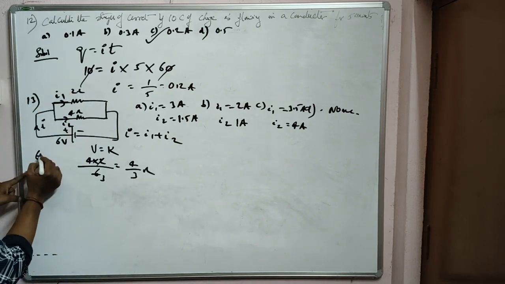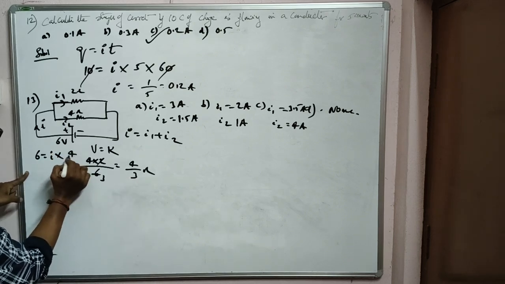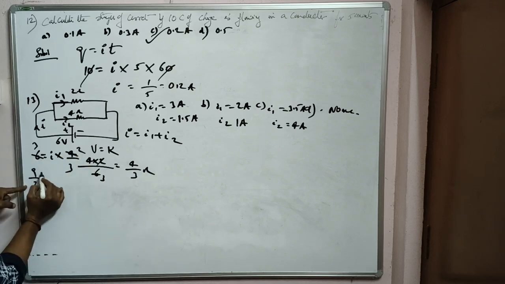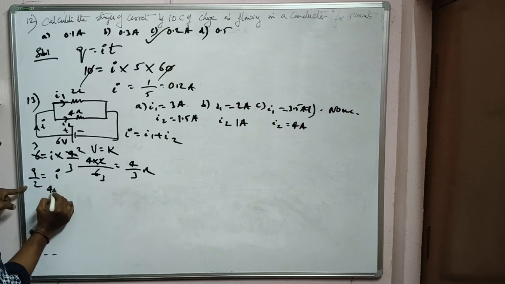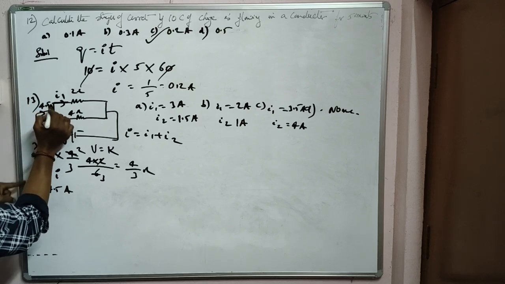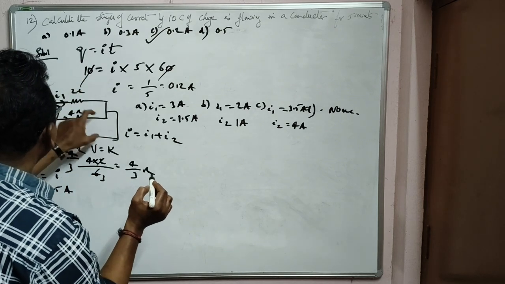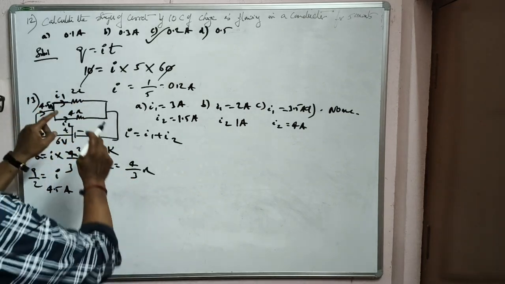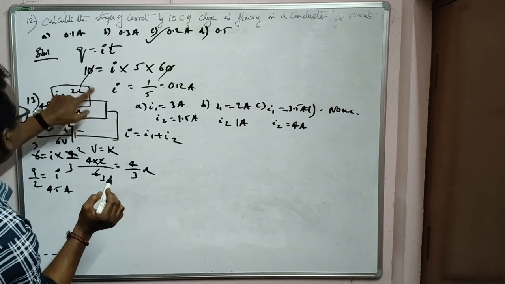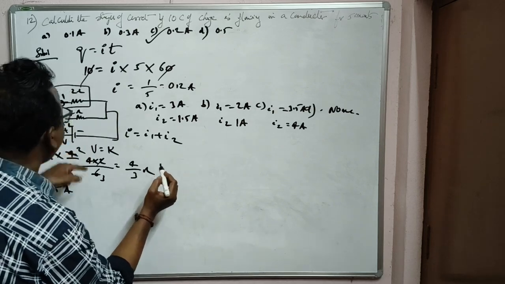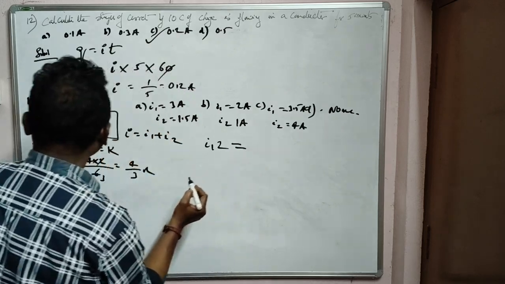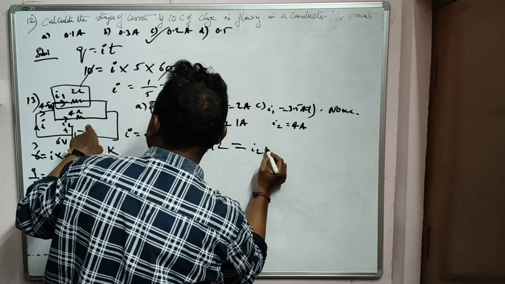Total current by Ohm's law: V is equal to I into effective resistance, so 6 is equal to I times 4 by 3, and I is 9 by 2, which is 4.5 amperes. This 4.5 is distributed in the two branches as I1 and I2. But we know in parallel connection the PD is constant. PD is I into R, so I1 into 2 is equal to I2 into 4.